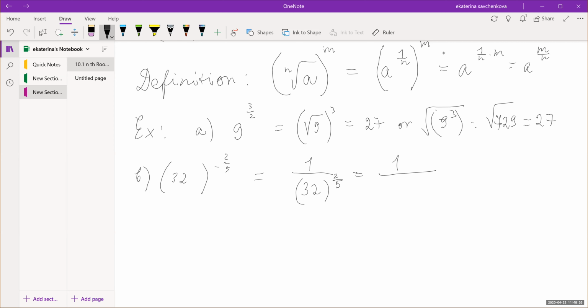So I'm going to first write down the root, 5th root of 32, and then the power of 2. Well, if you don't know, just 2. You multiply 2 five times, you're going to get 32. So I'm going to get 1 over 2 squared here, or 1 over 4. Easy to simplify. You can have similar questions in your homework. Okay.